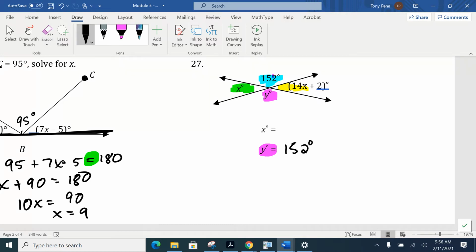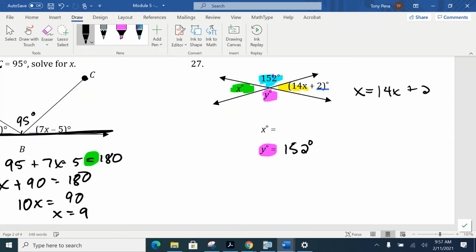What I'm going to do, though, is aren't the yellow and green angles vertical angles? They're directly across from each other. Those have to be equivalent. They have to be equal to each other. So now our equation would take the green angle, and we have to know then that that's equal to the other angle.